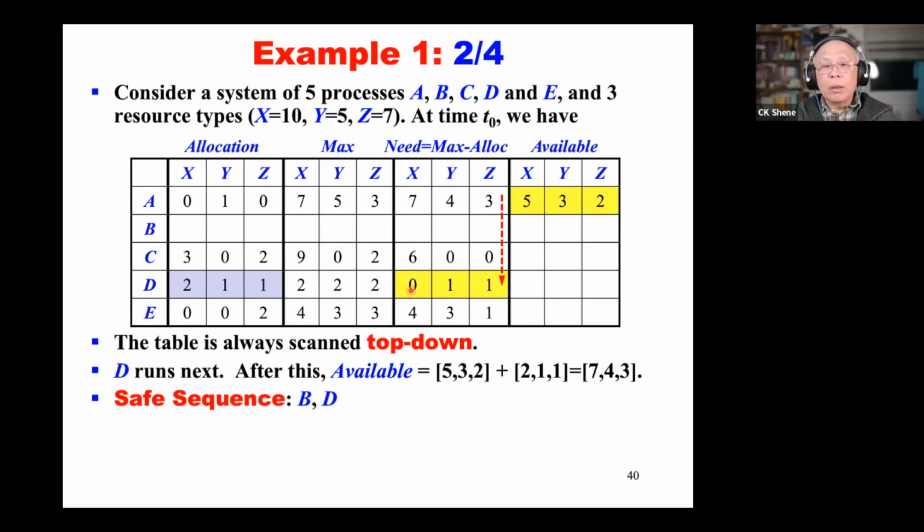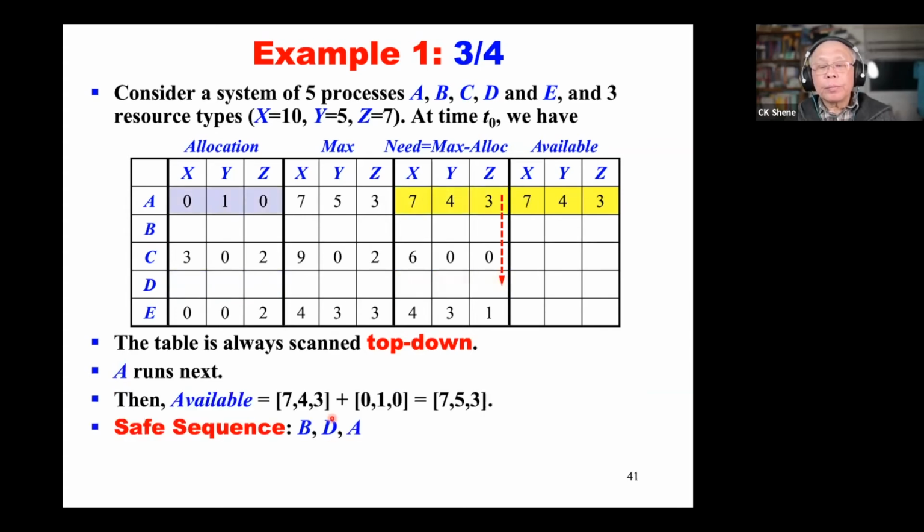Can we run D? Because D's need is 0, 1, 1, which is less than 5, 3, 2. So we could run D. After D finishes, D would return 2, 1, 1, making the new available 7, 4, 3. Therefore, we have found the second process in this possible safe sequence, which is currently B and D.